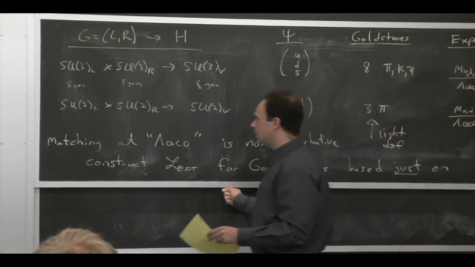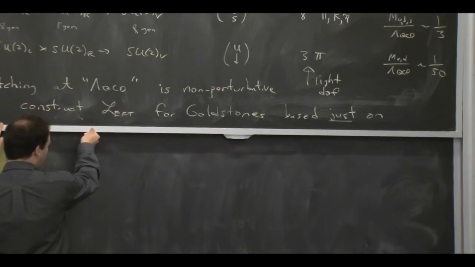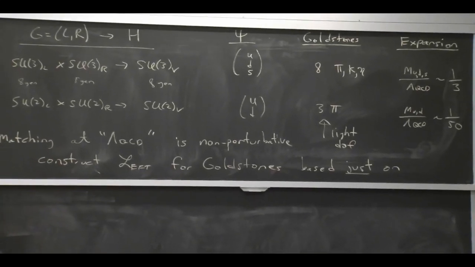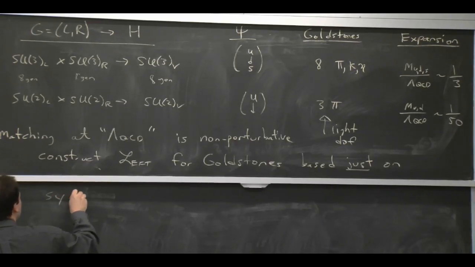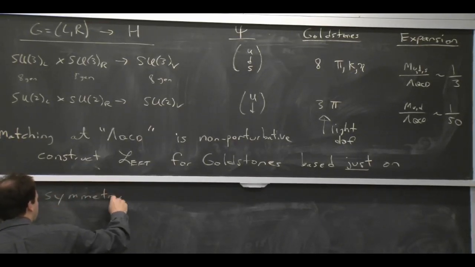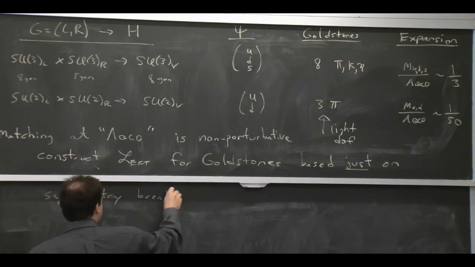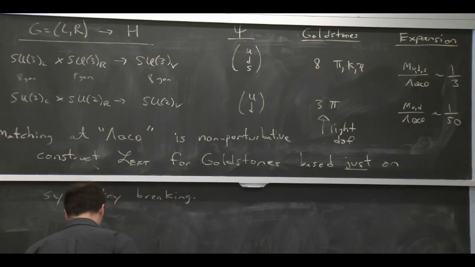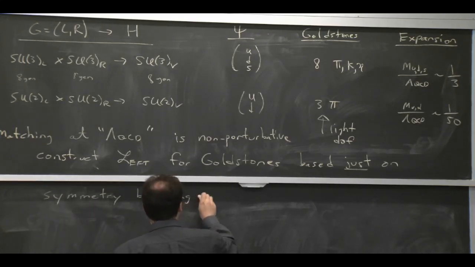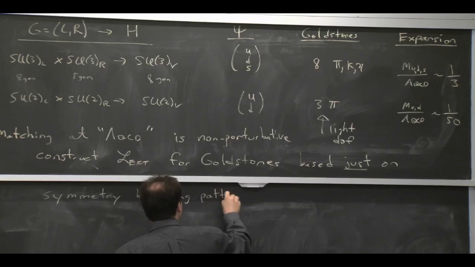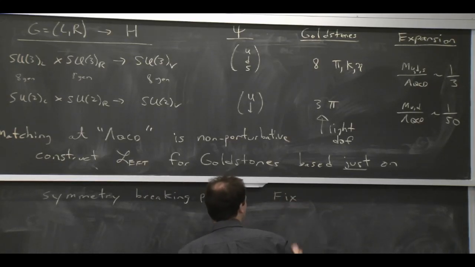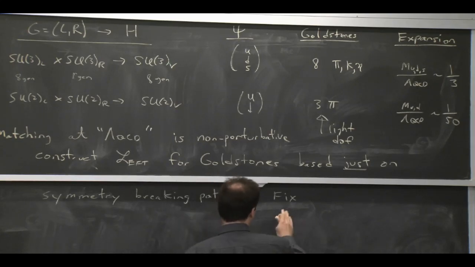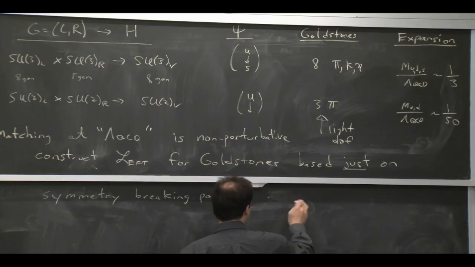So what you do is you say, let's construct the effective field theory based on the fact that I know what the degrees of freedom are, and I know something about symmetry. And in particular, in this case, you know something about symmetry breaking. So one kind of logic is that you'll get coefficients times operators again.